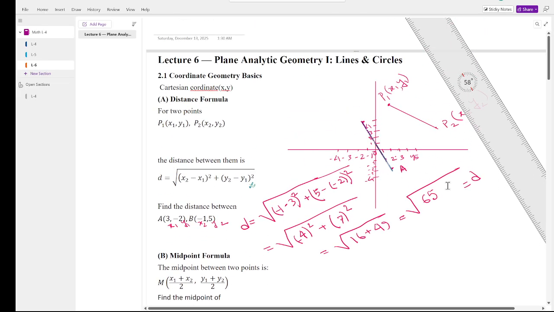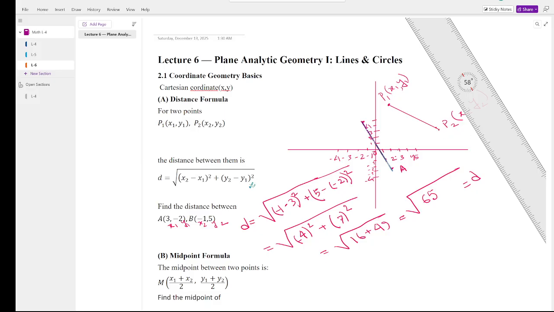So what is the midpoint? Now look here, P1 and P2. What is the midpoint? Suppose here, look, the average of x and the average of y. This is the midpoint of this point.